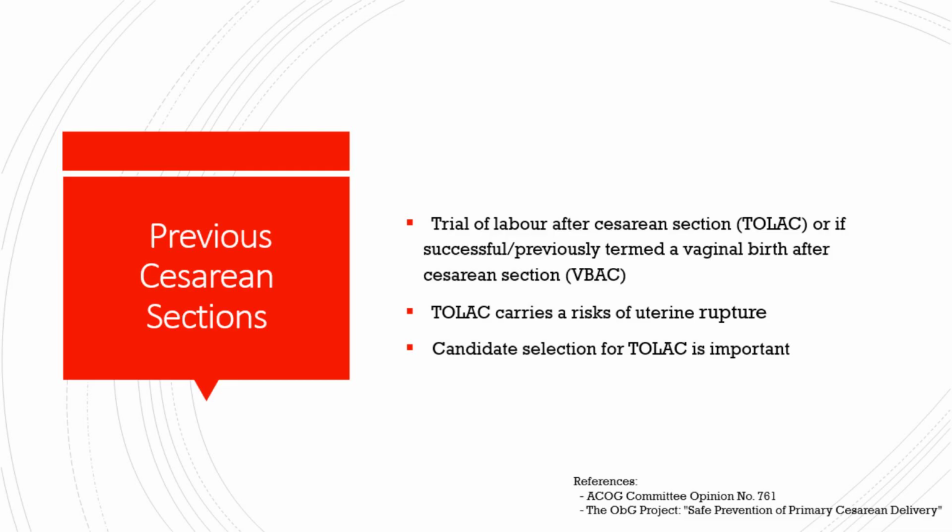TOLAC is associated with a risk of uterine rupture of the prior C-section scar. The risk of uterine rupture is about 0.5% if someone has had only one prior C-section. However, you must carefully consider who is a candidate for a TOLAC, as not everyone is safe for a TOLAC.